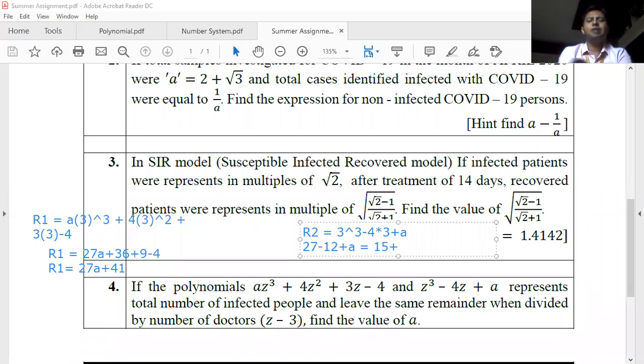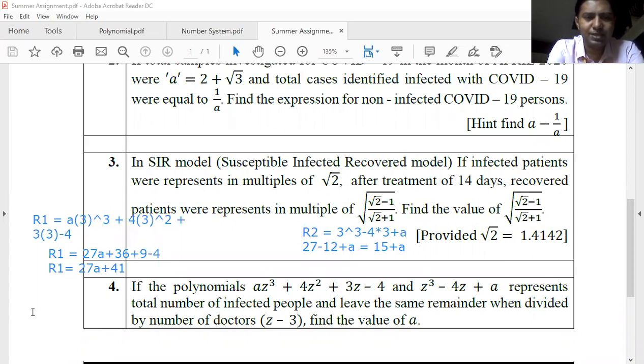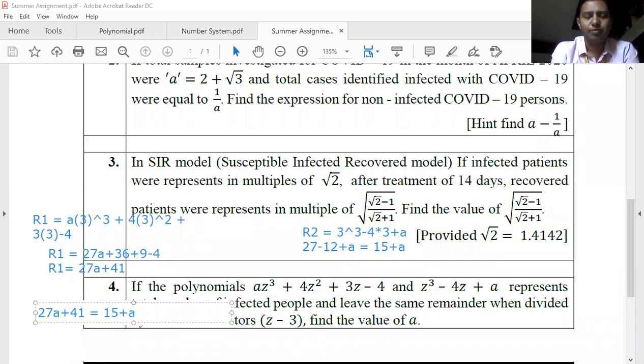And it is said that R1 and R2 are equal. So after this, we just need to equate 27a plus 41 equals 15 plus a. This will give you the value of a. 27a minus a is 26a.